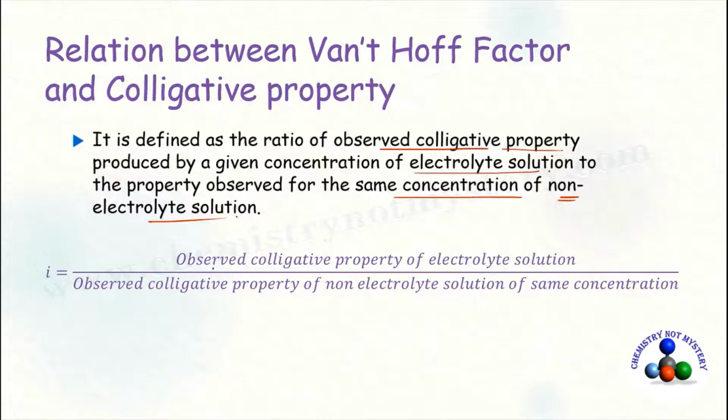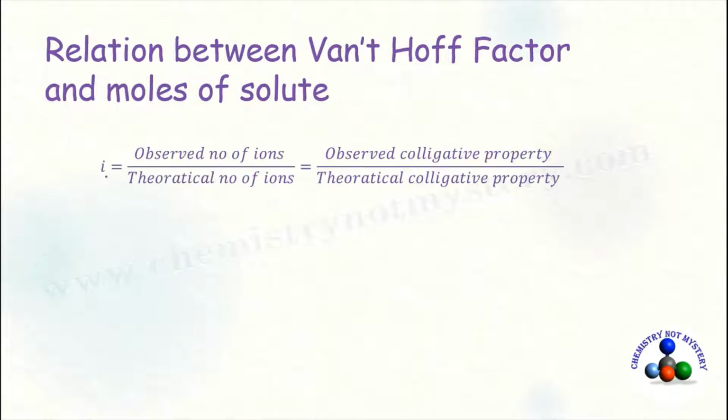This means i is equal to the observed colligative property of electrolytic solution divided by the observed colligative property of non-electrolytic solution of the same concentration. We already have the formula: i is equal to the observed number of ions divided by the theoretical number of ions. It is also equal to the observed colligative property divided by the theoretical colligative property.